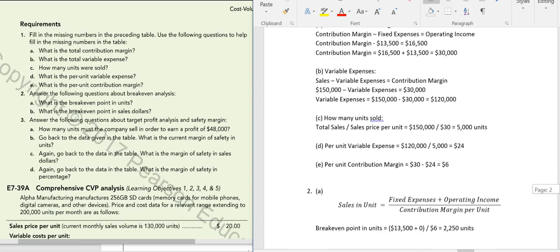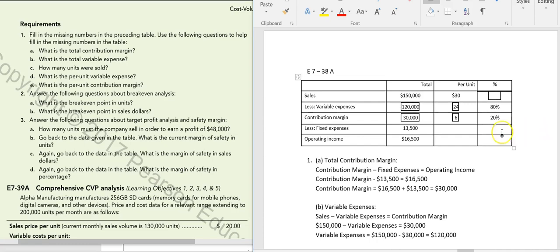So let's go up. We need to figure out what is the contribution margin ratio. It's actually given here. The ratio is 0.2 or 20%, right? Oh, we missed one cell here. So here we still have one missing cell: sales. What percentage is the sales?